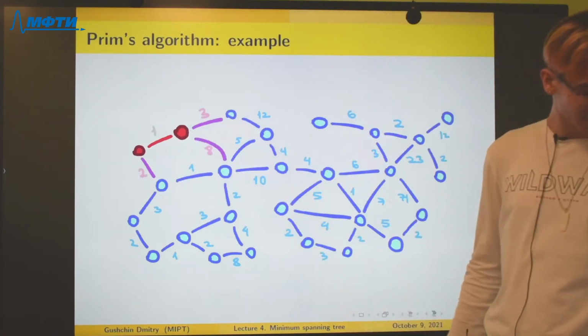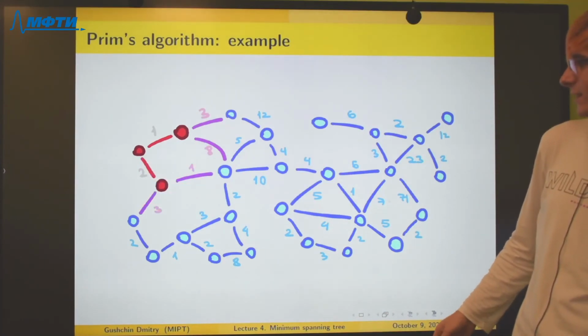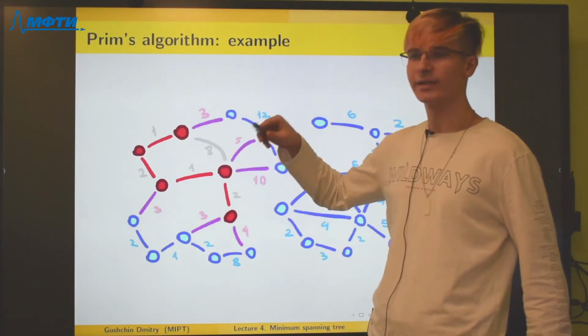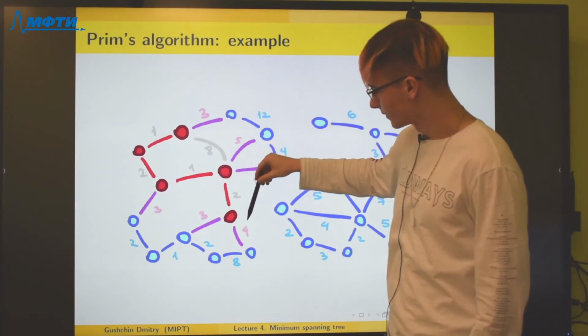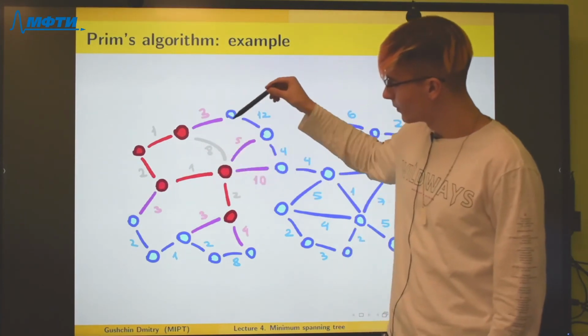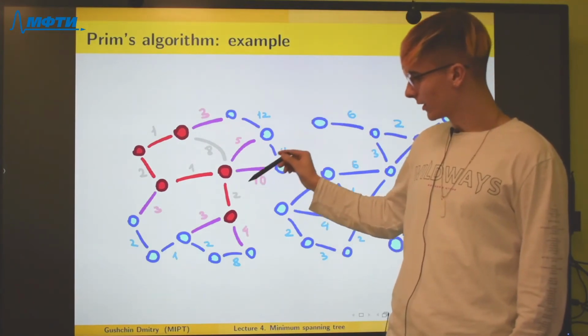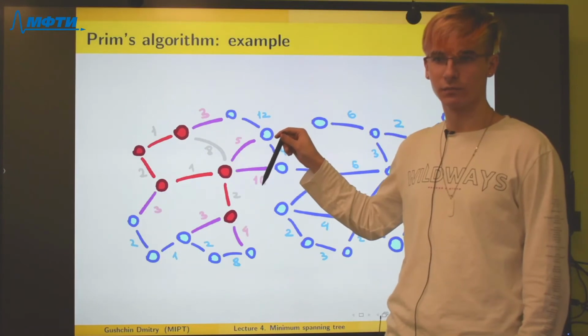What is the minimum edge in this cut? 2. And we have 1, 2, 3. And you remember that if we have different edges with minimum weight, for each edge we can find a minimal spanning tree that contains it.